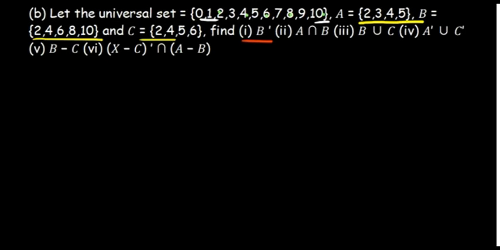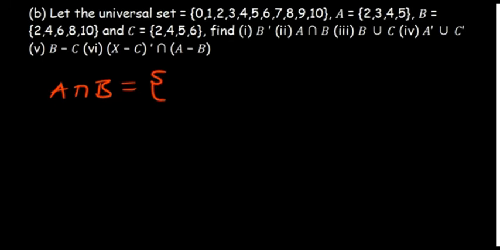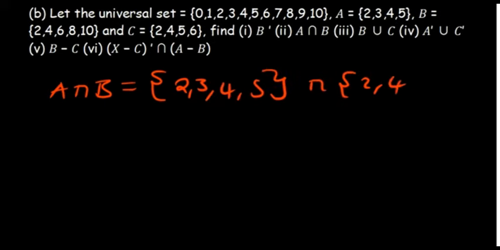The second part is asking us to find A intersection B. So for A intersection B, we look at the common elements between A and B. My advice is for you to list your A. In our A we have 2, 3, 4, and 5. Then for our B we have 2, 4, 6, 8, and 10.